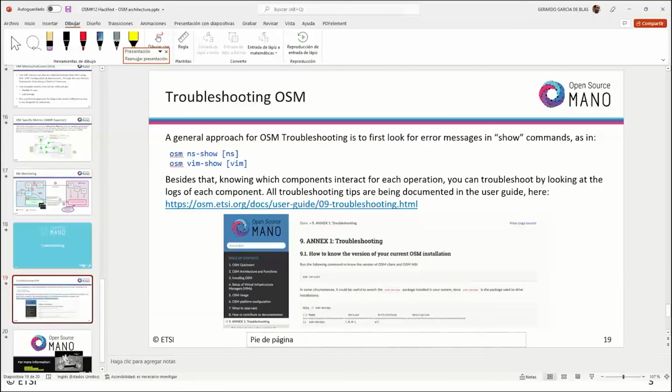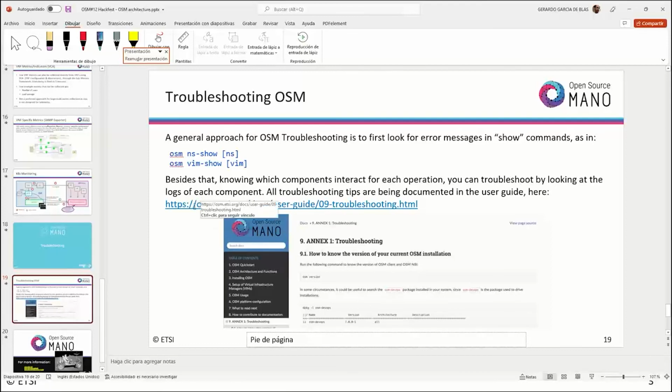I also included a slide related to troubleshooting. A general approach for troubleshooting is to first look at the output of the commands, osm ns-show, vim-show, which will give you some details about the status of the network service and the status of the VIM.